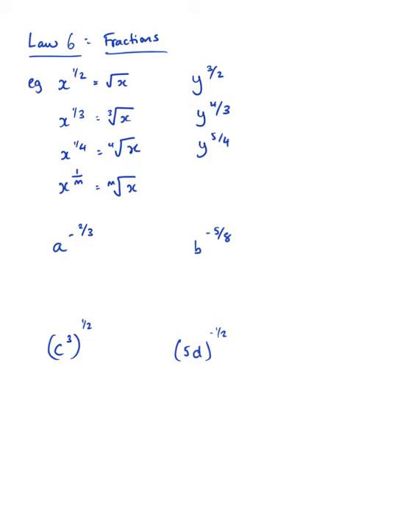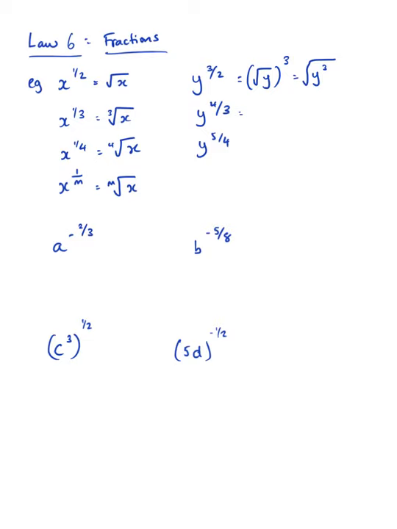If I have something like this, y to the power of 3 over 2, we are going to do the square root of y and raise that to the power of 3. If we think about our bracket rule, that is also the same as doing y to the power 3 and square rooting it.